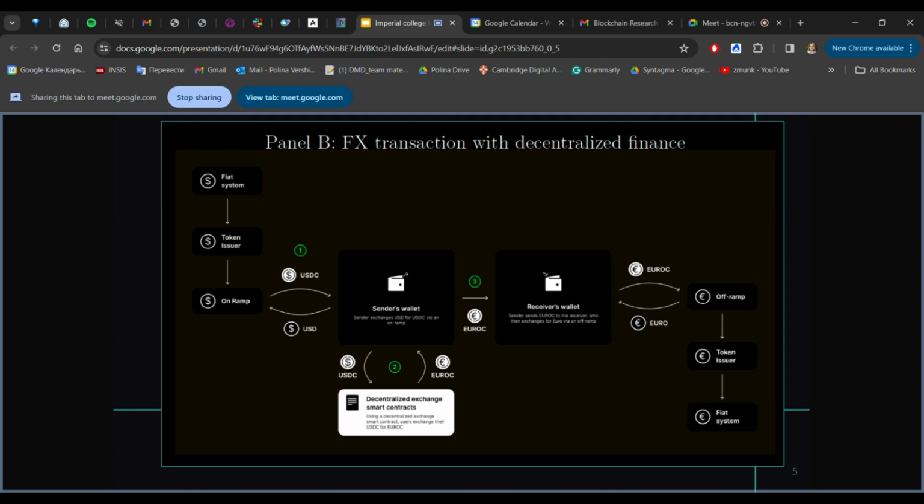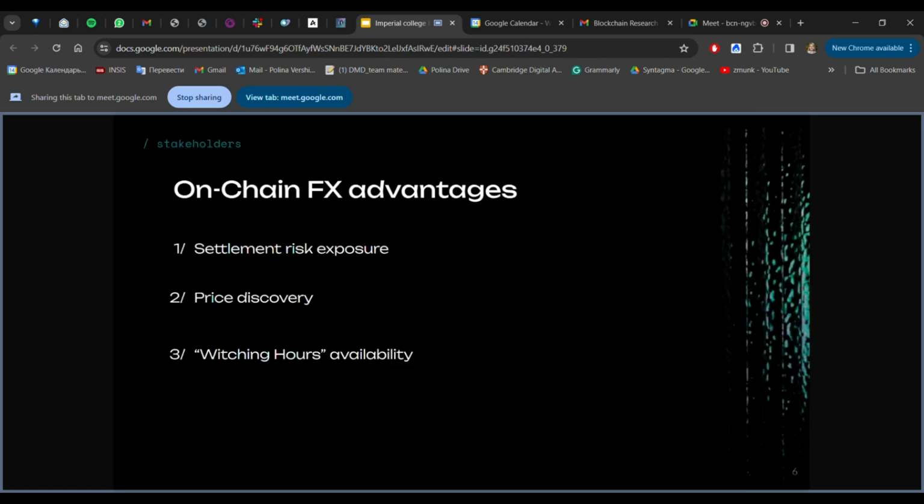But for example, if you deal with a person who is not crypto native and doesn't have a wallet or is scared about all of that, you basically can buy stablecoins, go through the on-ramp mechanism of converting one form of money into another, and then do off-ramp immediately using the bank details of the person you want to send money to.